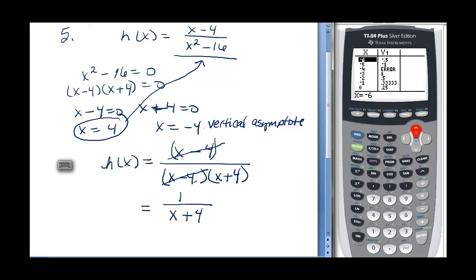But here at 4, it's just undefined. So we say at that point, because these divide out, that there's a hole in the graph. So if you factor the numerator and the denominator, and something is able to divide out, then you will have a hole in the graph at that point.